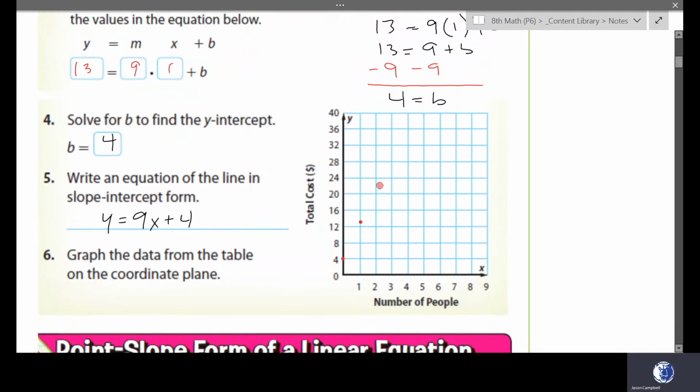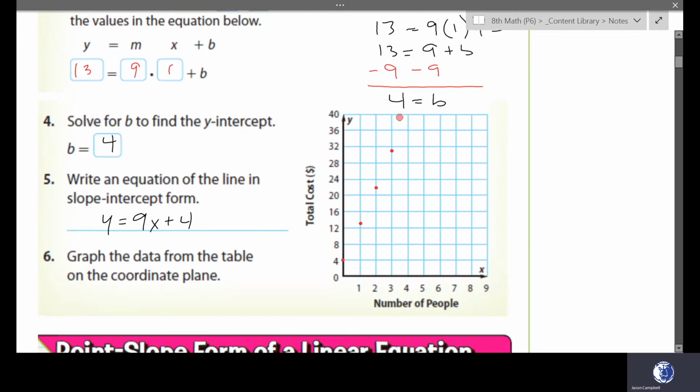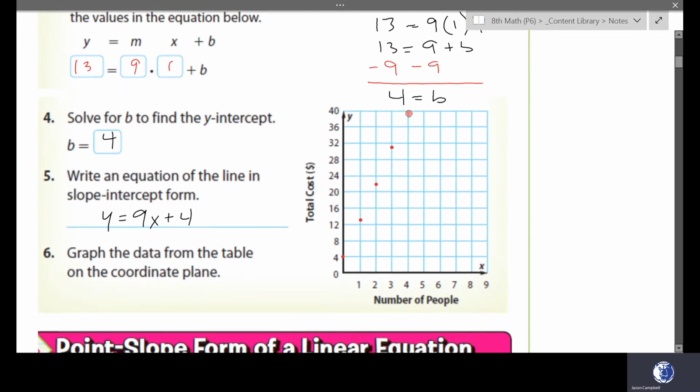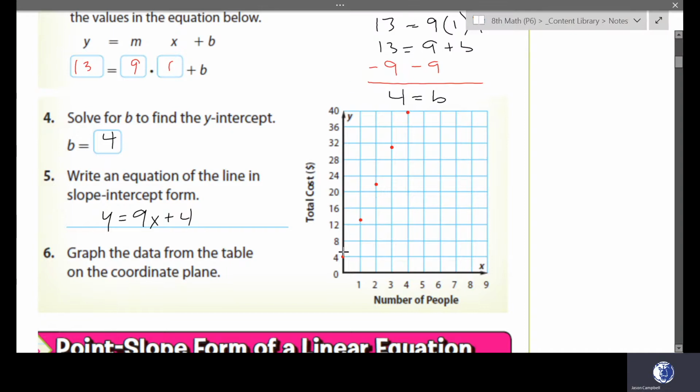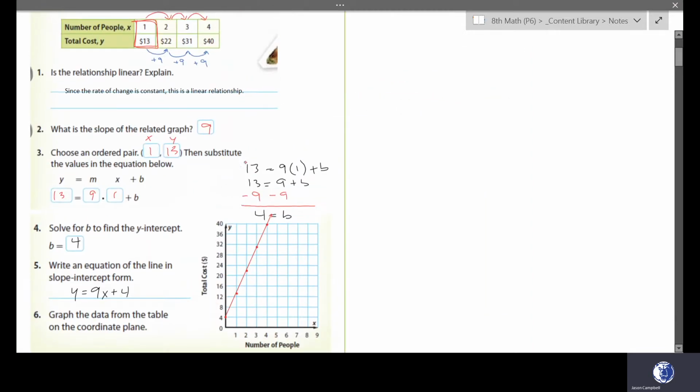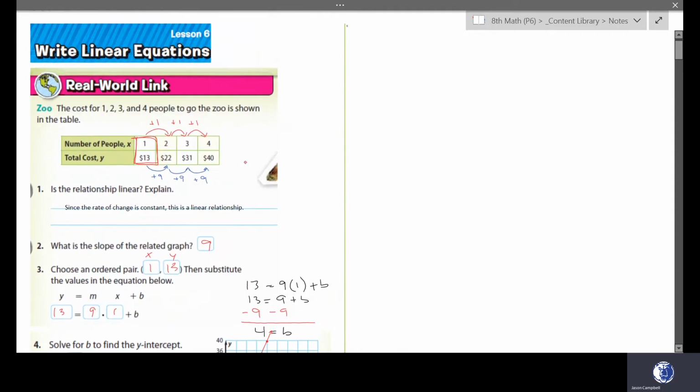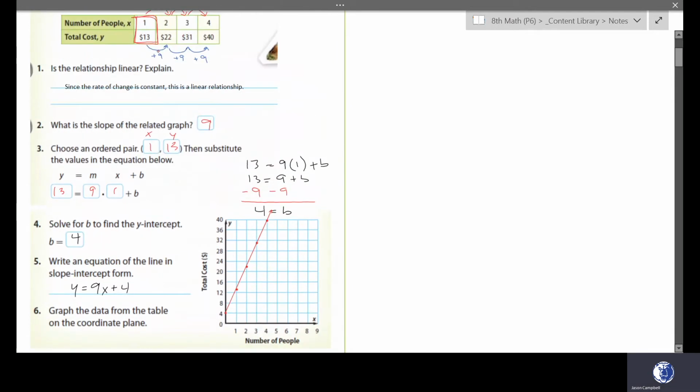Yep, 22 and 2. $22 for 2 people, $31 for 3 people, and did it give us 4 people? It did. $40 for 4 people. I'm going to connect those points together. And now we have graphed our linear equation that we made from this table.